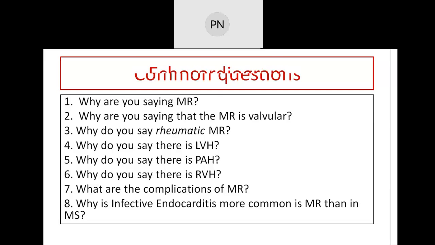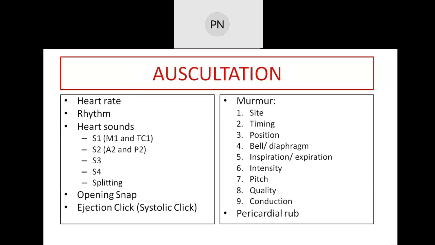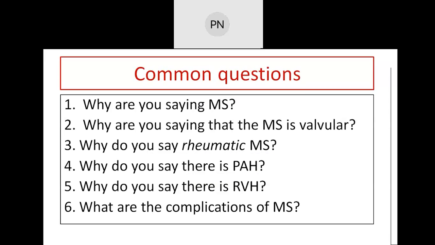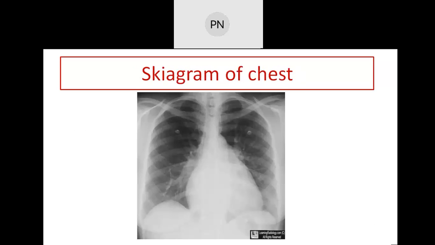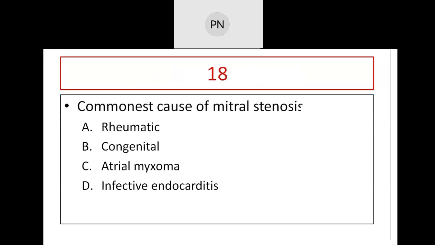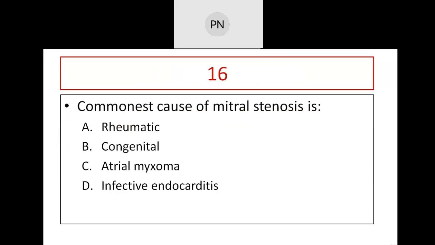So with this class, the first part is over. Let us check our understanding and see whether we have been able to understand how mitral valve pathologies will present to us. Try this one. What is the commonest cause of mitral stenosis?